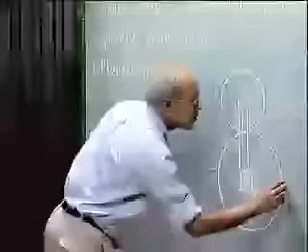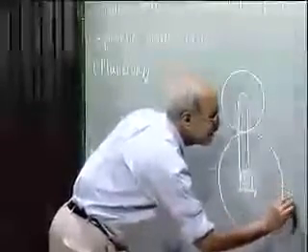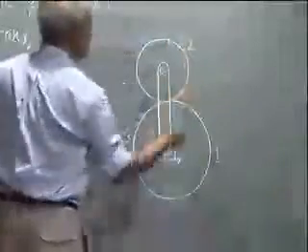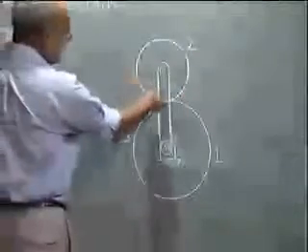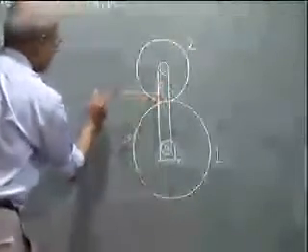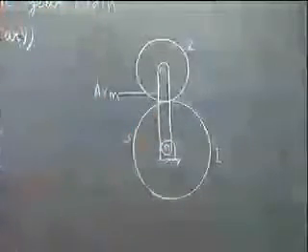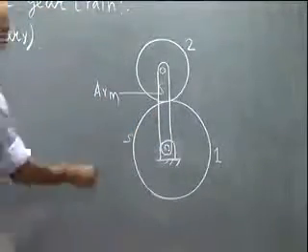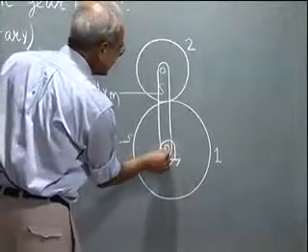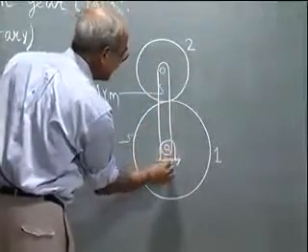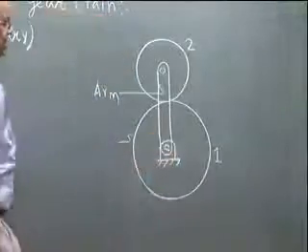This gear, let me call it 1 and this gear number 2. But gear number 2 is carried by this arm which is also hinged here. The axis of gear 1 and this arm are both hinged to the fixed link at this junction.